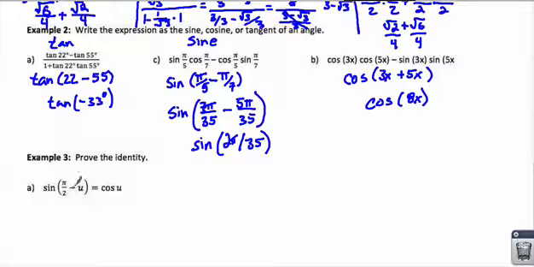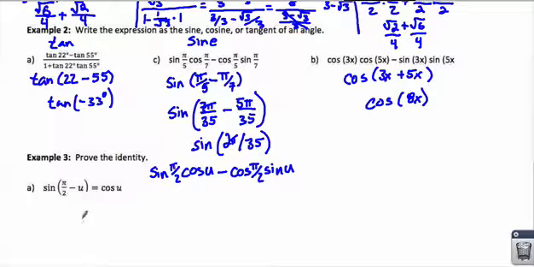So sine is going to be sine, cosine, cosine, sine. Same sign, so minus. And then I have pi over 2 for the first angle, and u for the second one.